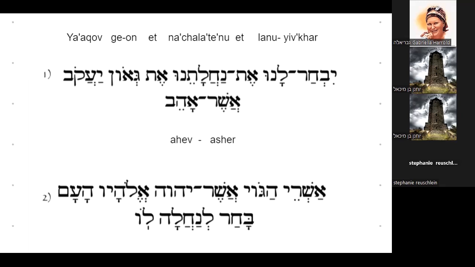Okay? He will choose. What about Lanu? Lanu. So the lamed used as a prefix means what? To, for, in the direction of, and then nu means what as a suffix? Us, nu, us.